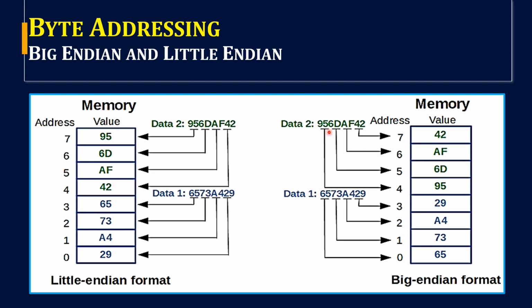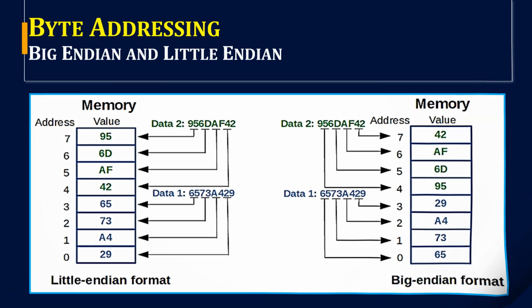Then another example, 95, 6D, AF, 42. The most significant byte will be having the lower address. Among 4, 5, 6, 7, the lower address is 4. So the address 4 will be having the most significant byte. So that is the case of big endian format.